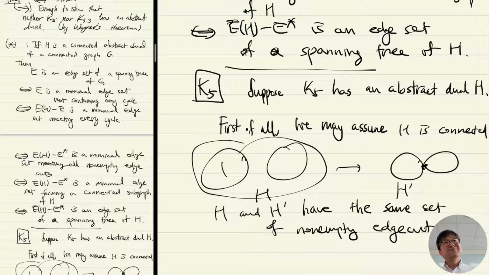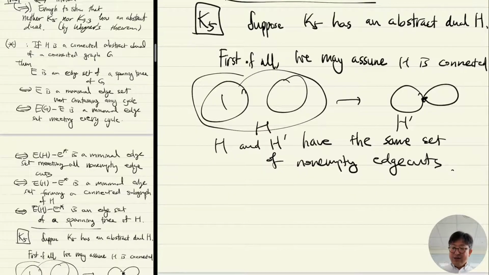The empty edge cut is not going to appear. So H and H prime have the same set of non-empty edge cuts, so we can still say that H prime is an abstract dual of G.